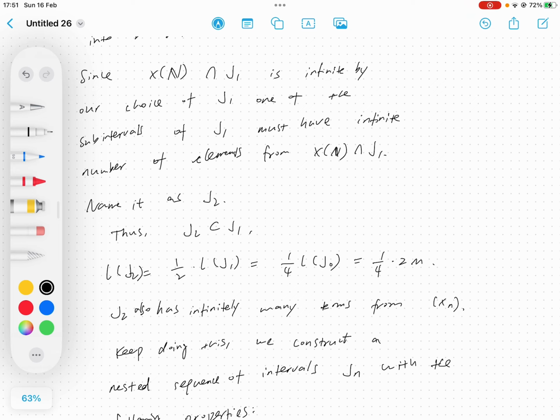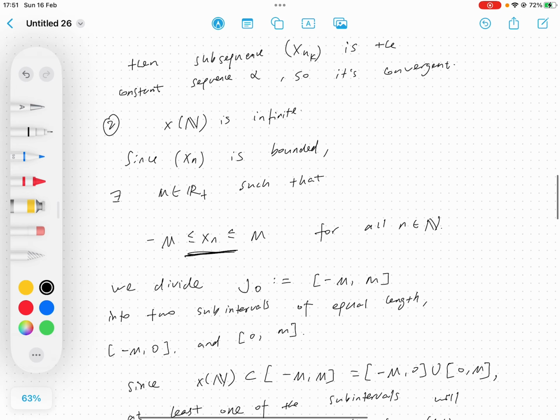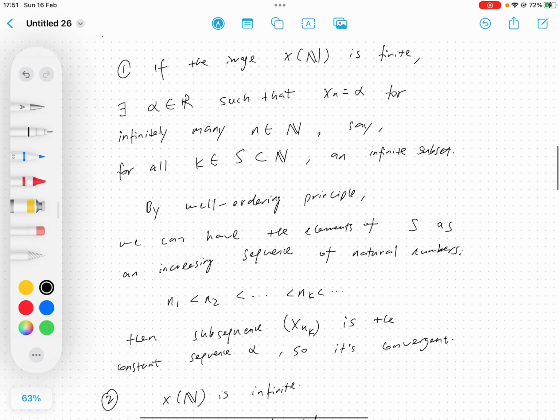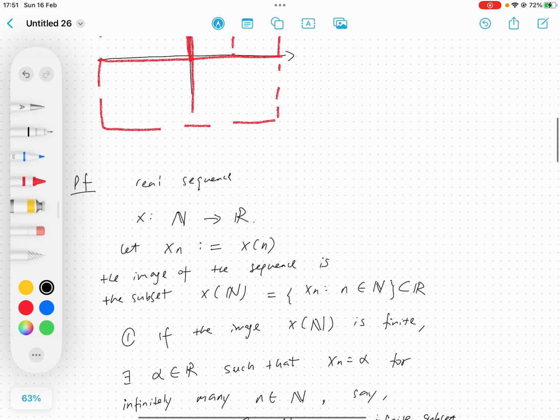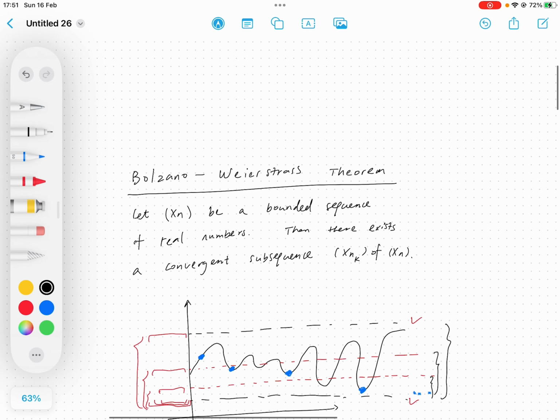And this is given the condition that the original sequence is bounded by some real numbers. Good. So this is the Bolzano-Weierstrass theorem, and that's also a very useful one, and it is based on our previous result from the nested interval theorem. Okay, good. So that'll be everything for this episode.